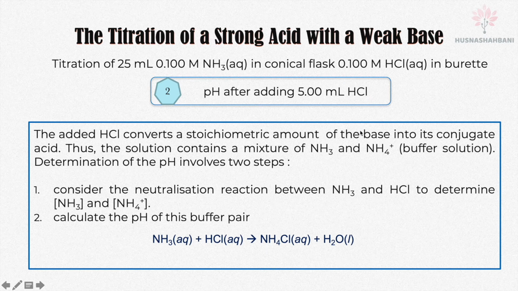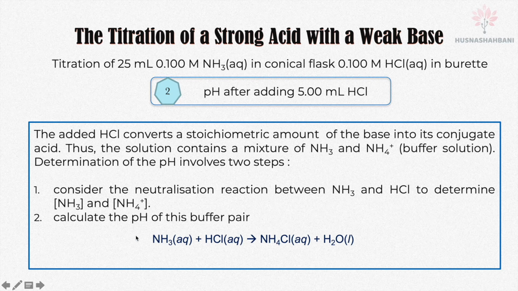We need to calculate what's left in the conical flask. So you need to take into account the neutralization between NH3 and HCl, and then the buffer pair, between the weak base NH3 and the acidic salt, the conjugate acid NH4+. So you need to take account of those two.